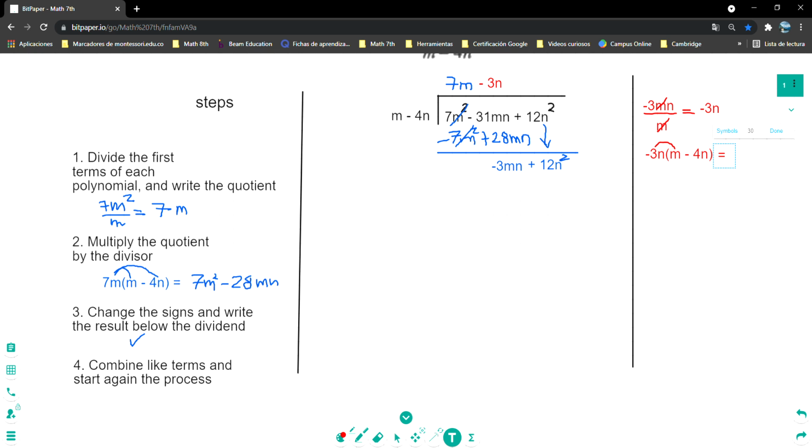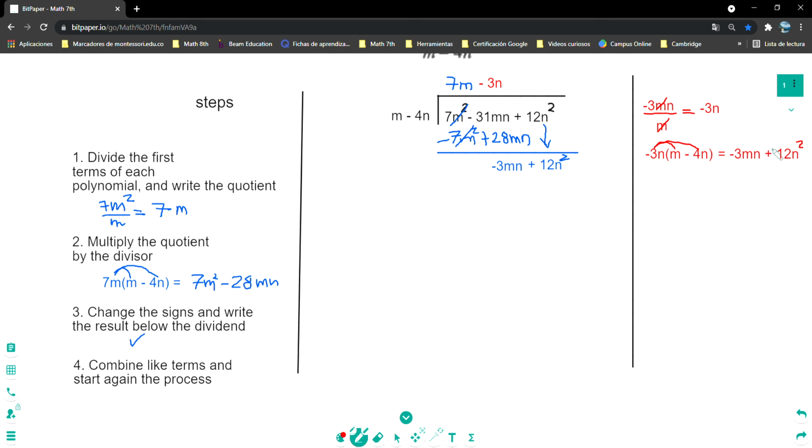We can organize in alphabetical order. And then we multiply minus 3n times minus 4n, which is plus 12n squared. Remember that we add the exponents, and that will be 12n squared.